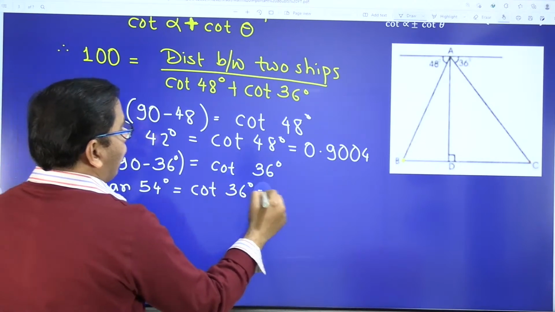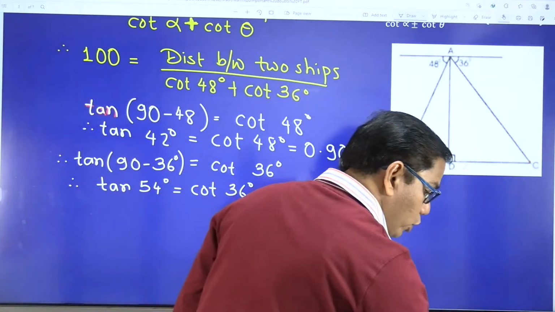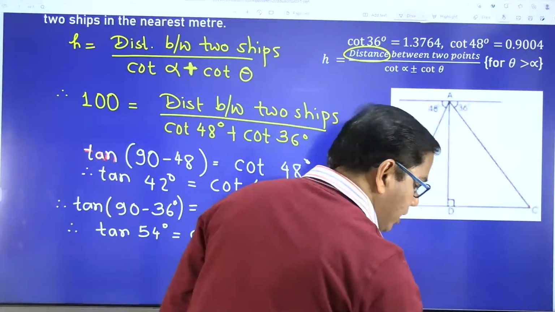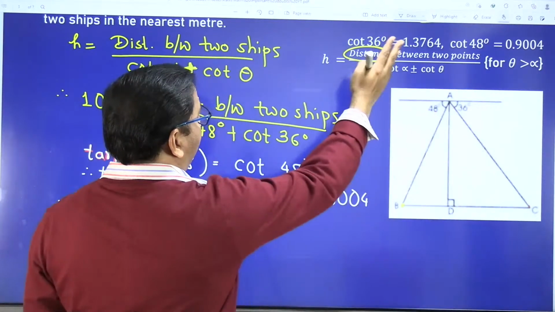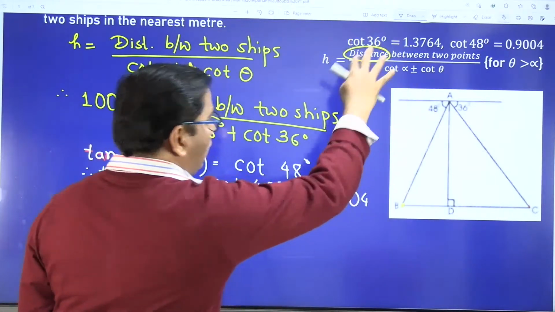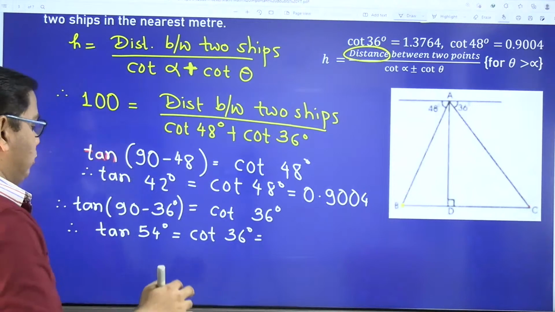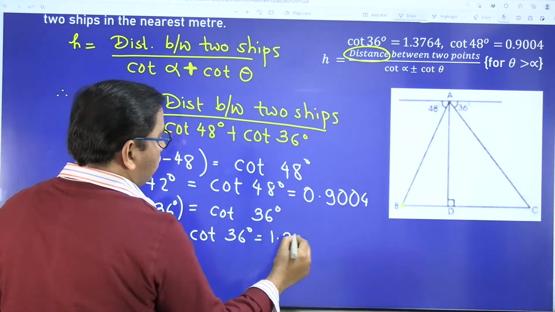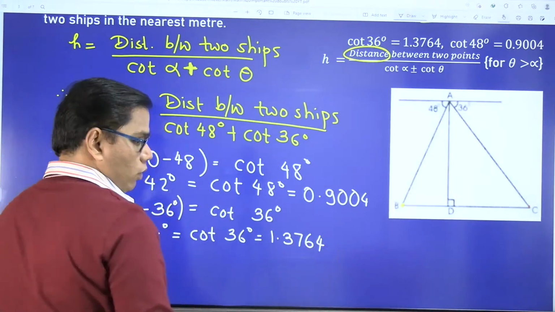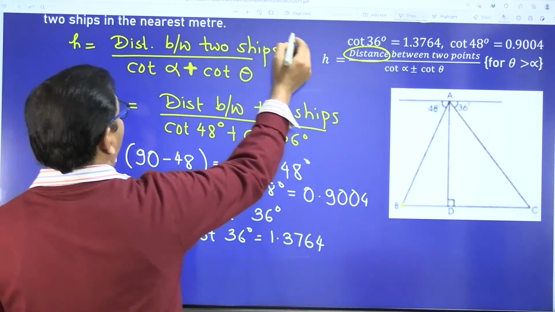When you use your log table properly, if you don't know how to use these values, please type me in the comment box. I'll prepare a separate video only dealing with how to find out the values from the trigonometric table. By the way, it is 1.3764.